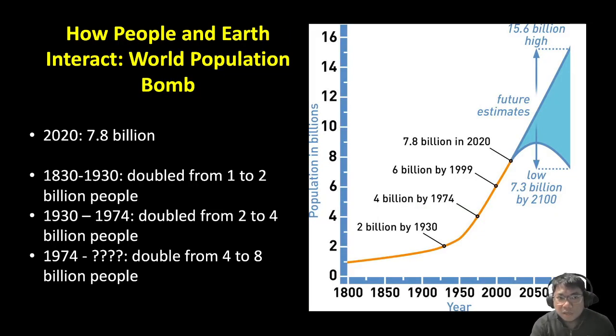This is the chart of human population growth since the 1800s all the way to the 2100s, as you can imagine right here. In 2020, we have 7.8 billion people who live on Earth.